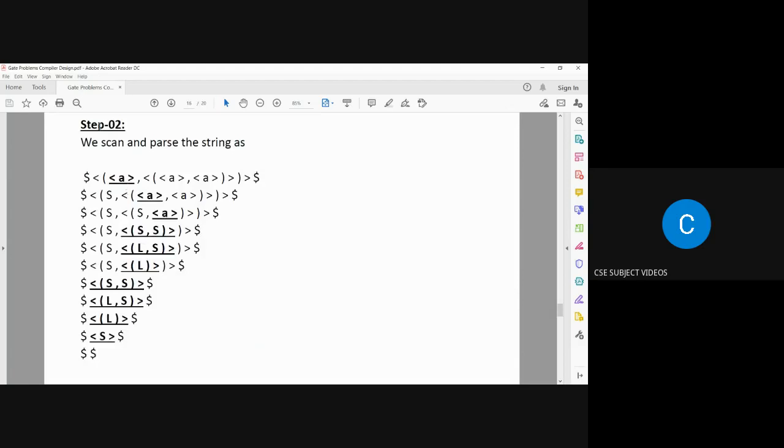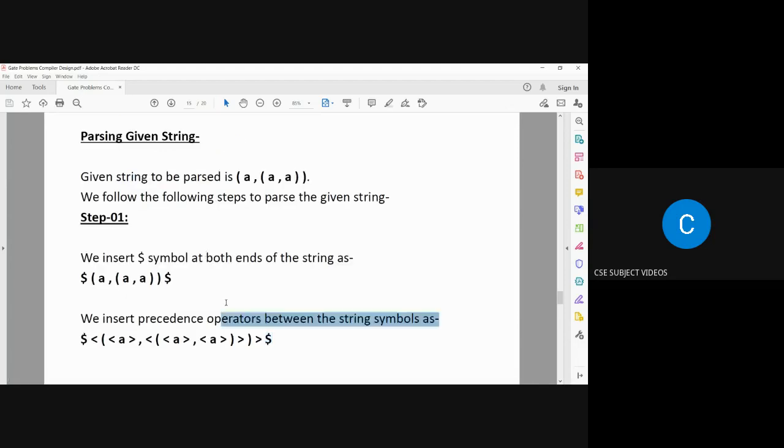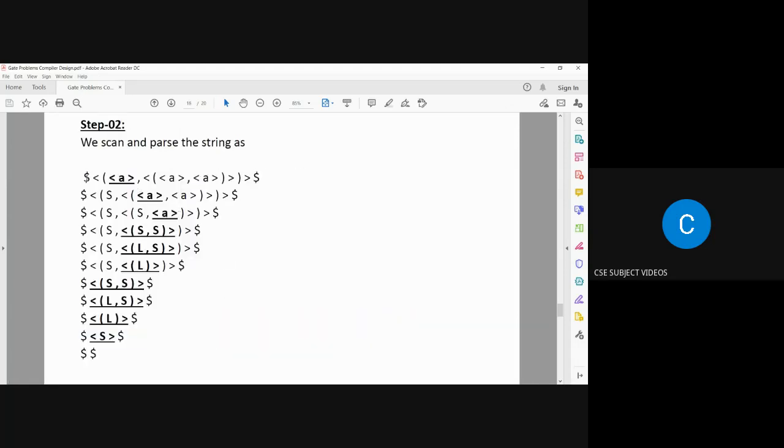Okay, come to our problem. Next step, we will scan and parse the string. In the first step, the first terminal symbol will be replaced by non-terminal S. In the second step, the remaining symbols we are keeping as they are.